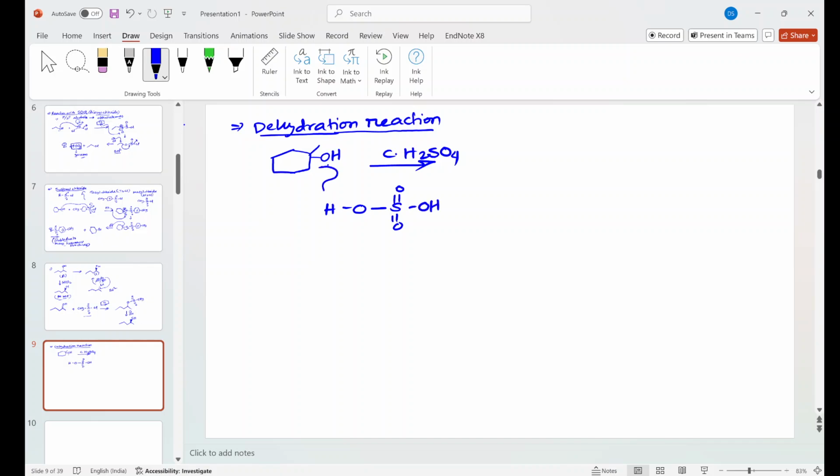This oxygen lone pair can take another proton here, so that you will get this positive hydronium charge, and this can eliminate from here. This will be an E1 mechanism, so that you will get your carbocation on the more substituted carbon center, so that it is stable.